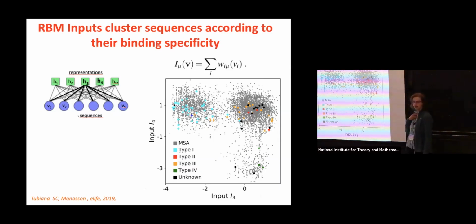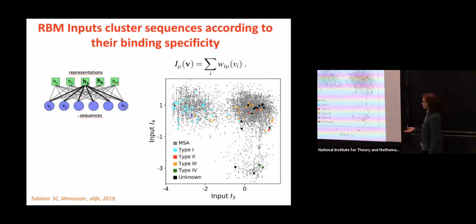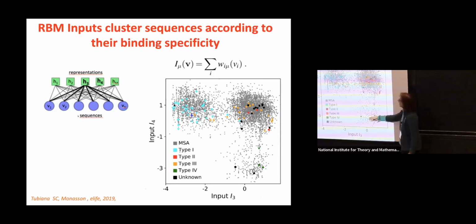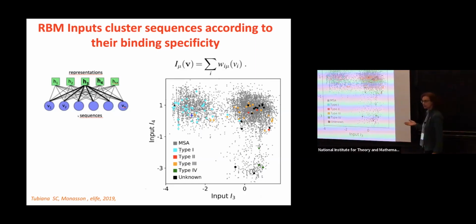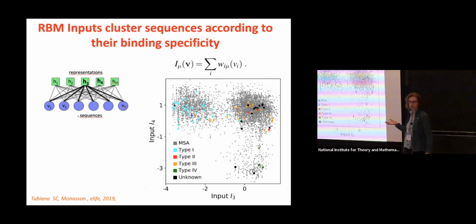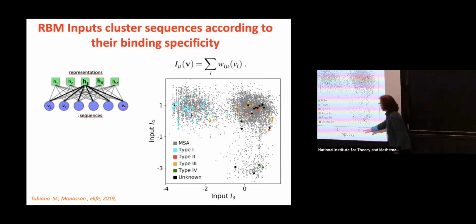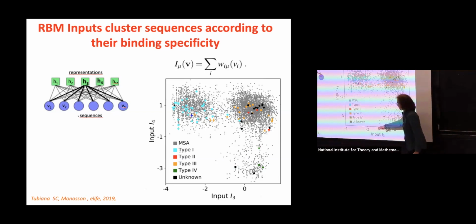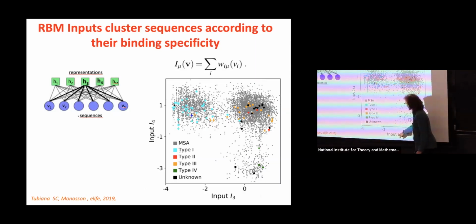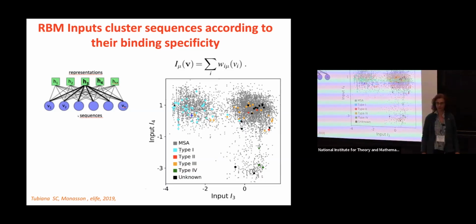Type 1, there are a lot. And our RBM makes exactly this clustering like a PCA or something like this. It's a more sophisticated PCA. So the inputs, again, are just the projection of the sequence on this weight vector associated to hidden unit 3 and hidden unit 4. Okay?